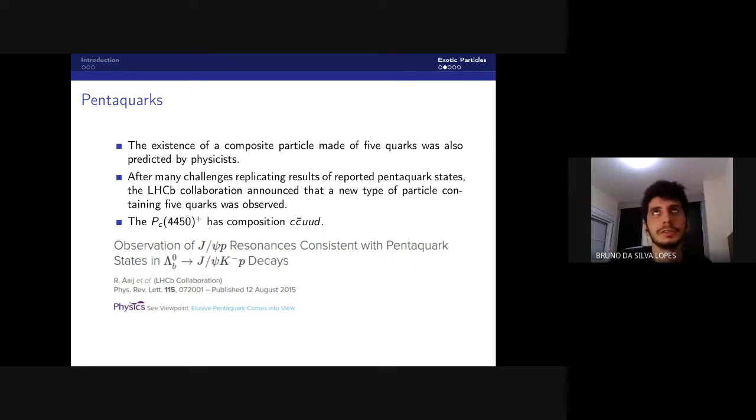It was in 2015 that the LHCb collaboration announced that a new type of particle containing 5 quarks was first observed. It was the Pc(4450)+ with positive charge, and it has a composition charm, anti-charm, 2 U quarks, and a D quark. So below you also have the headline of the article.